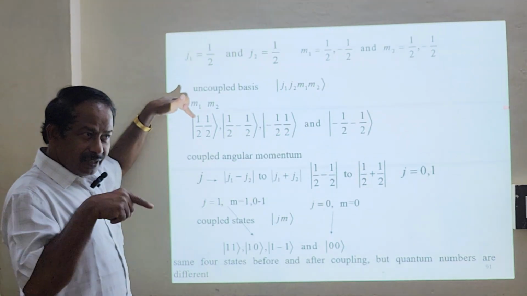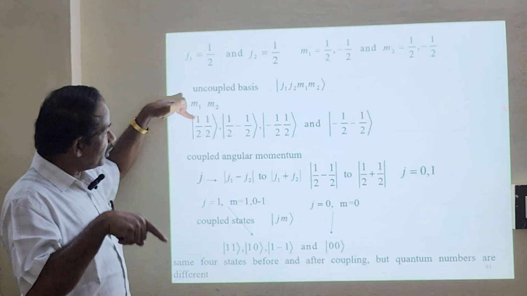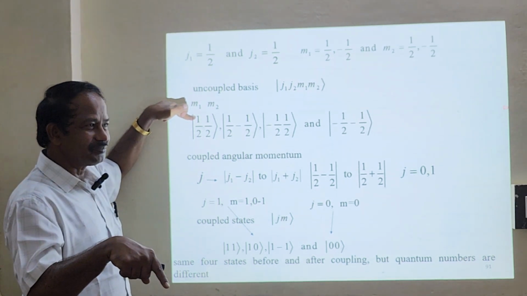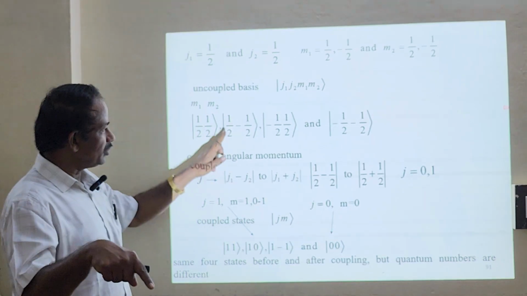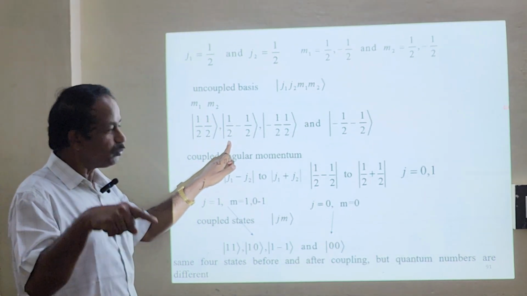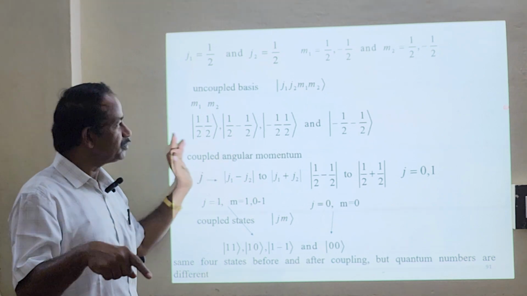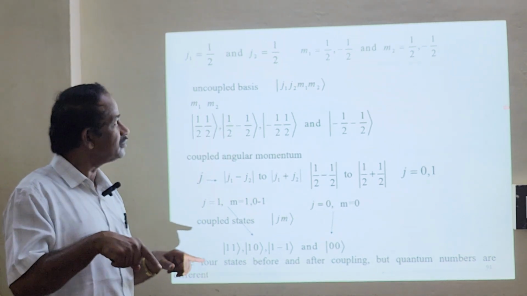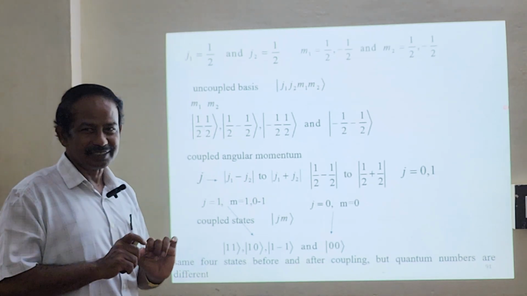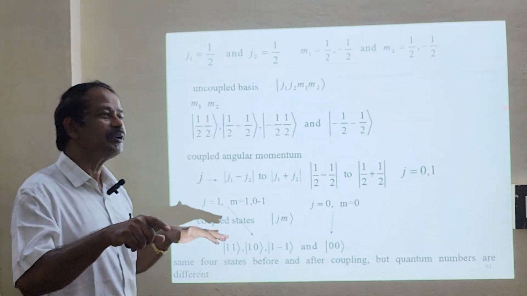Actually it should be 1/2, 1/2, 1/2, 1/2 in J1, J2, M1, M2. Here also 1/2, 1/2, 1/2, minus 1/2. But throughout all the 4 bases, J1, J2 will be constant, so that's why we write only M1, M2.